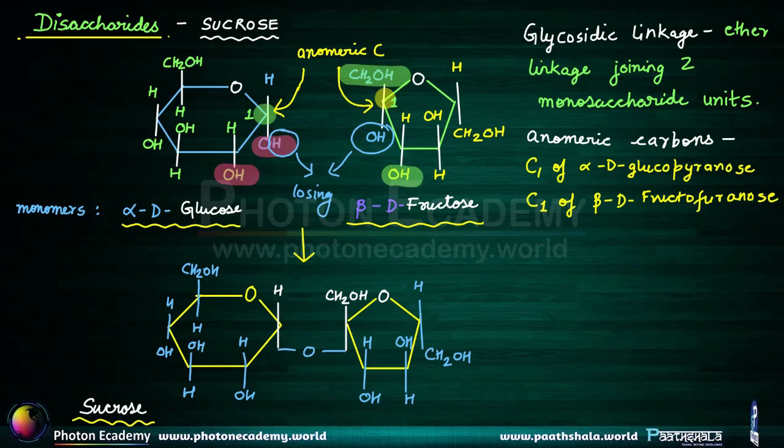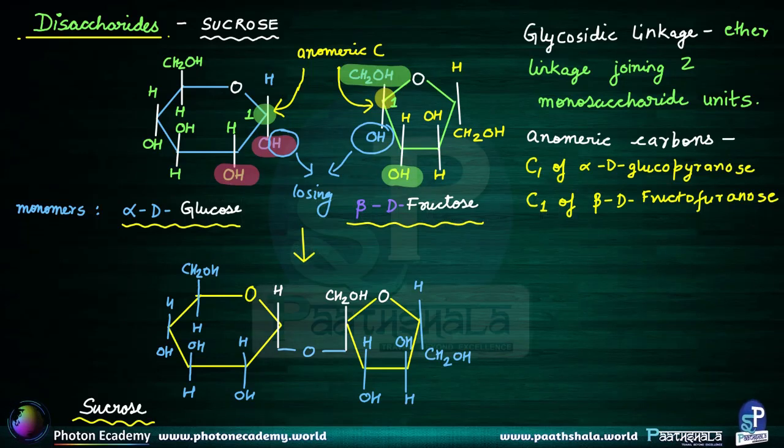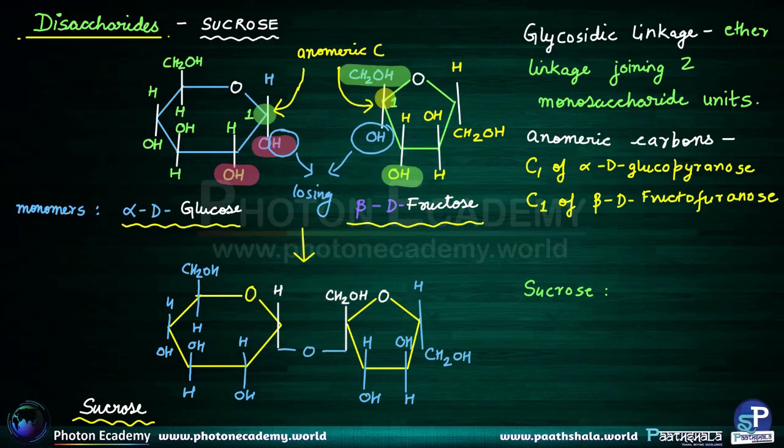So now we have decided on the anomeric carbons in the previous alpha D glucose and beta D fructose. Now in this sucrose, there is one point that needs attention. Sucrose was a disaccharide, that is the first point.